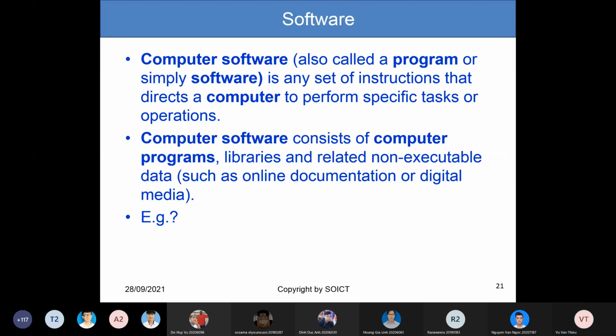Libraries from programming languages and data that build software. Okay, so can someone give an example of computer software? Trịnh Trọng Hưng, can you give an example of computer software?